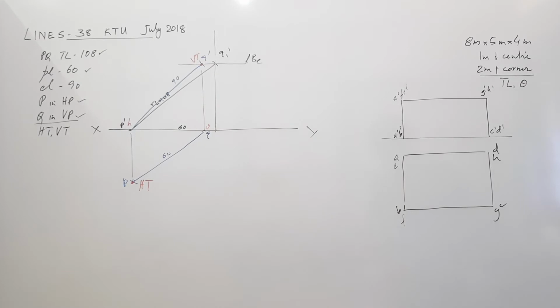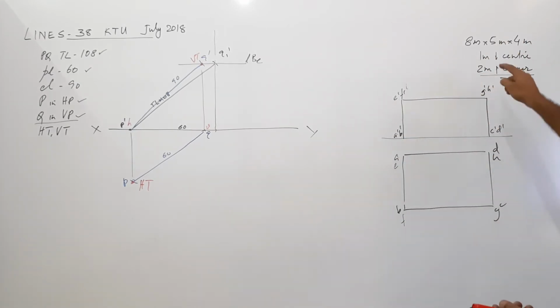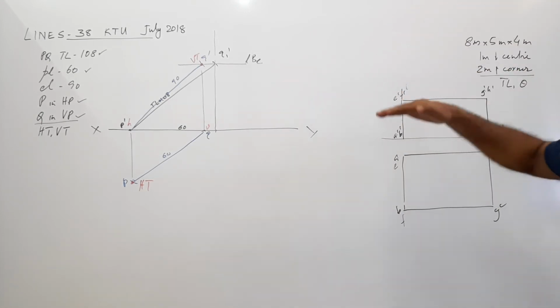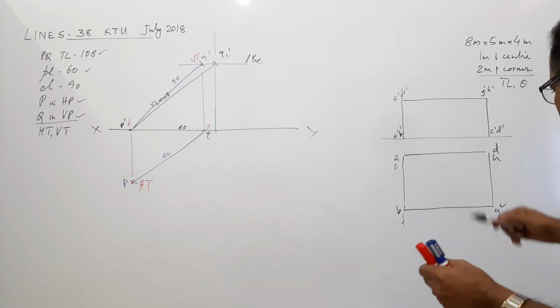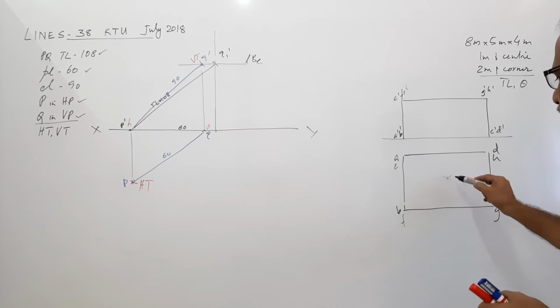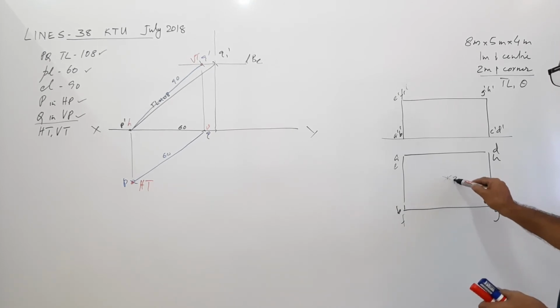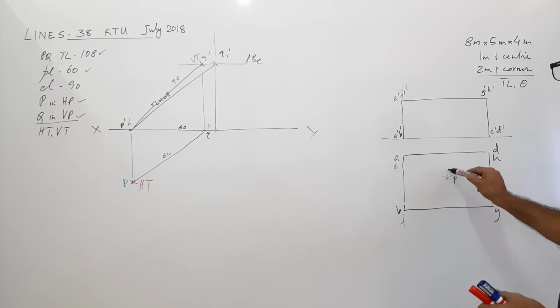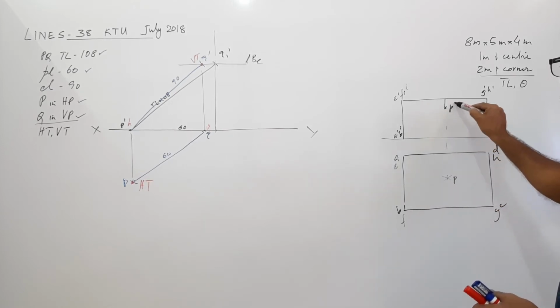Now the question says, a light is hung 1 meter down the roof at the center. Where is the center of the roof? Draw the diagonals. This is the center of the roof. I call it P. Where is P dash? 1 meter down.